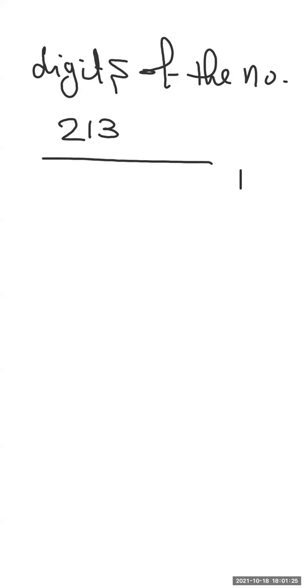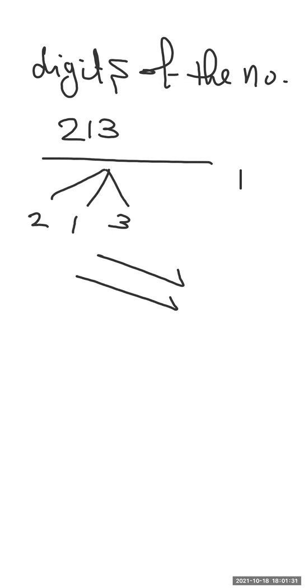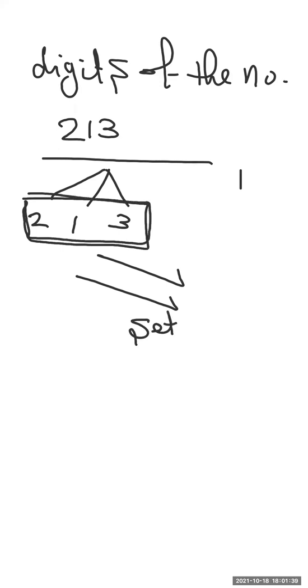Why? Because the digits are 2 and 1 and 3. Well known, clearly defined, 3 numbers or 3 digits, so it's a set. Okay, guys? Are we clear till this point? Yes, Mr. S.